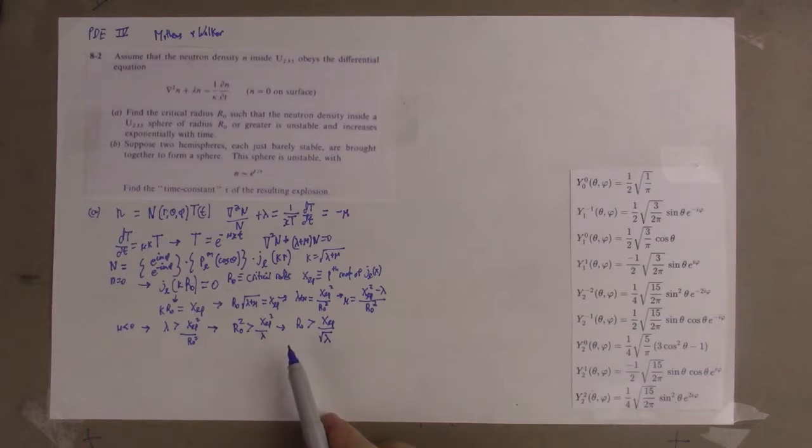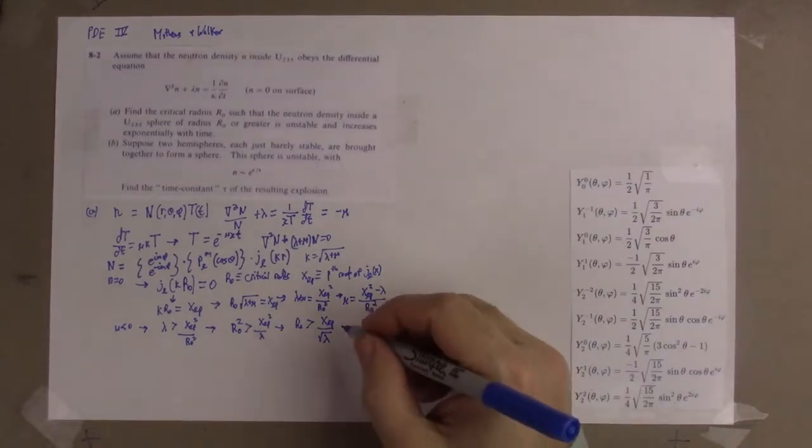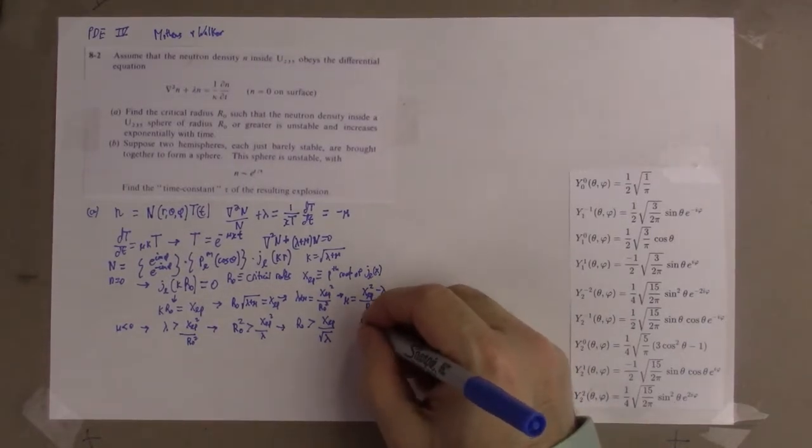If we have a value that's slightly larger than R0, if you think about it, it will end up containing components that will become unstable. So we're going to take the smallest value of this, and the smallest value of XLP is when L equals 0 and P equals 1.